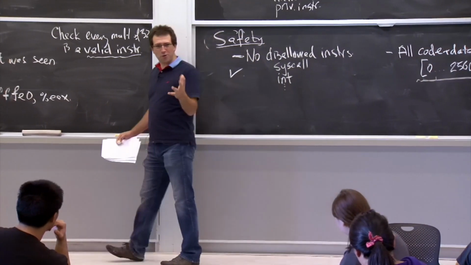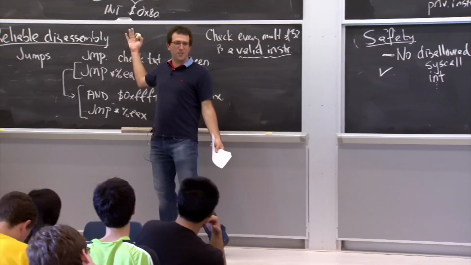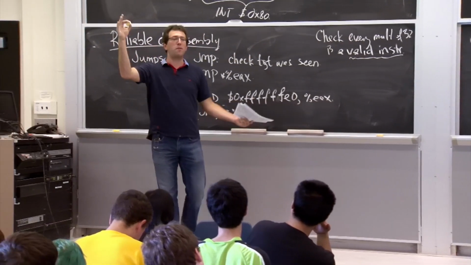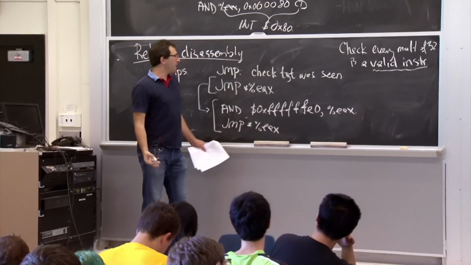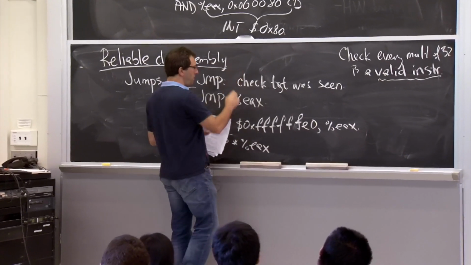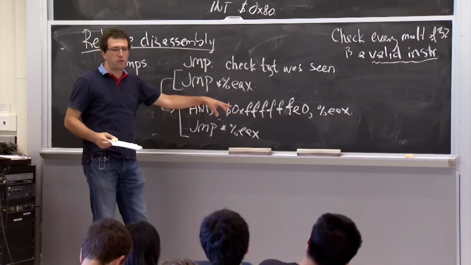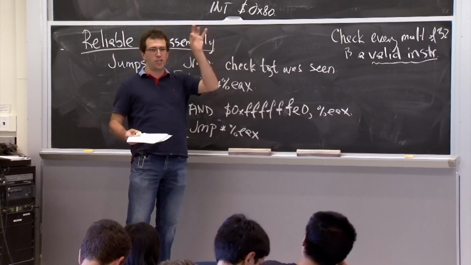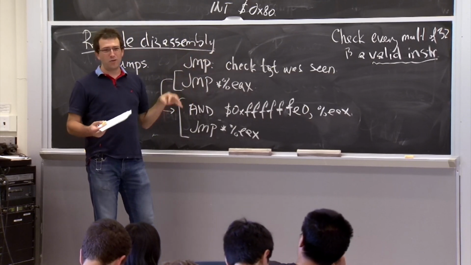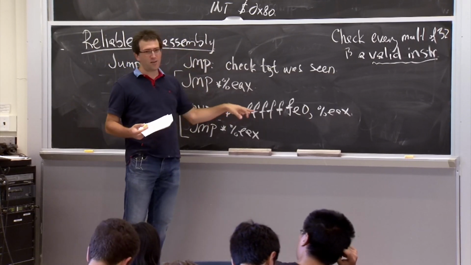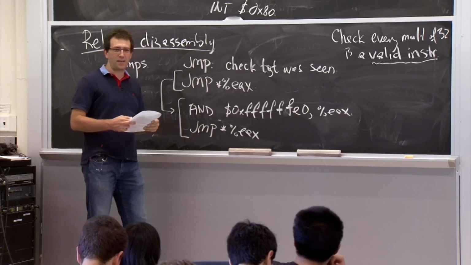That's true, yeah. So return is almost like an indirect jump from a particular weird memory location that's the top of the stack. So I guess one thing they could do for returns is maybe prefix it with a similar check, where maybe you pop the top thing of the stack, you check whether it's valid, and then you ret, or maybe you somehow do an AND to a memory operand that's the top of the stack.